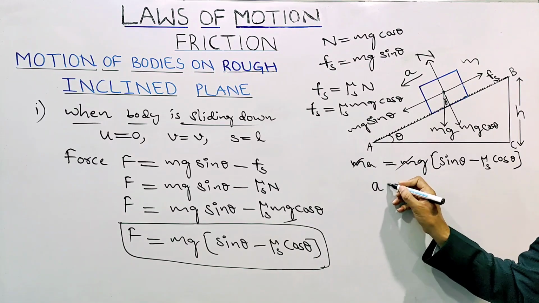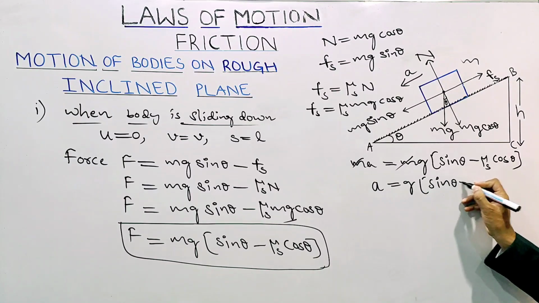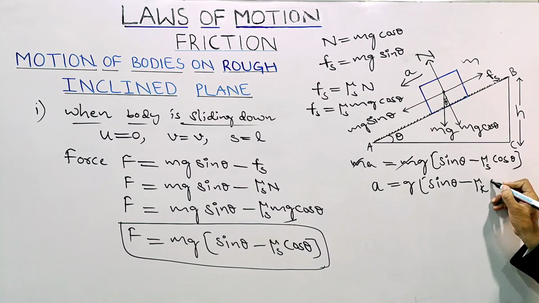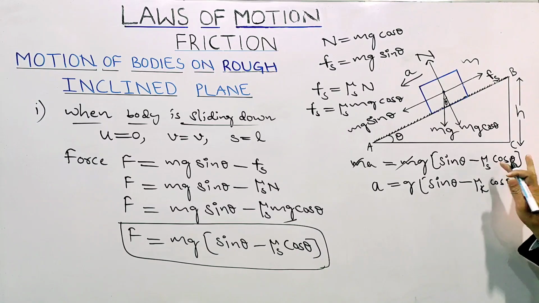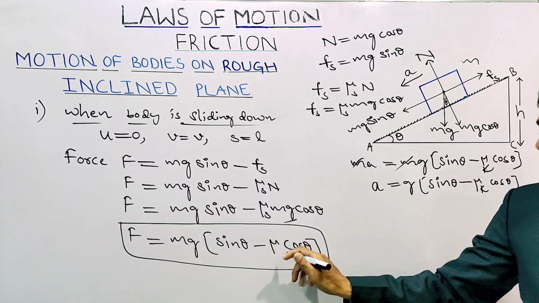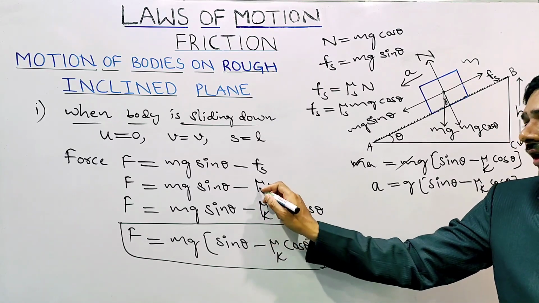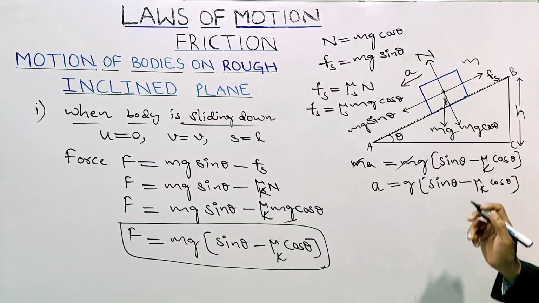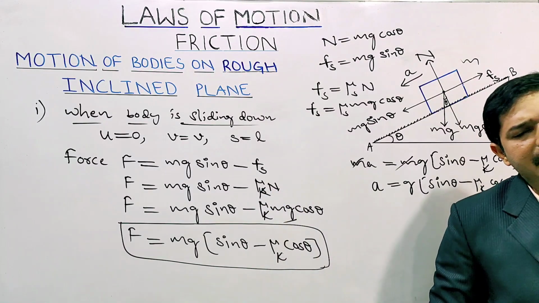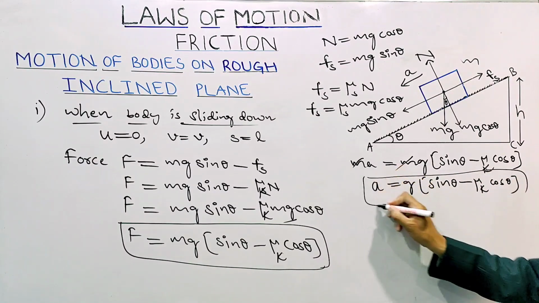So a equals g into sin theta minus mu k cos theta, since the body is sliding. Now a equal to g of sin theta minus mu k cos theta. So this is the acceleration of the body.